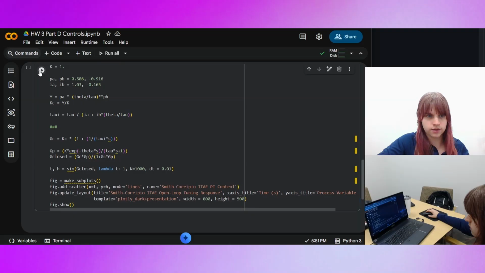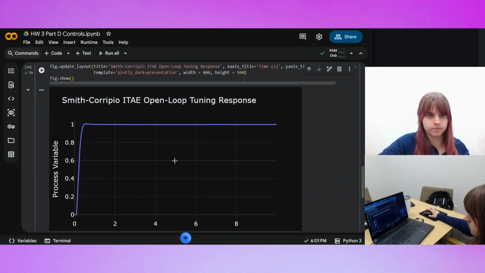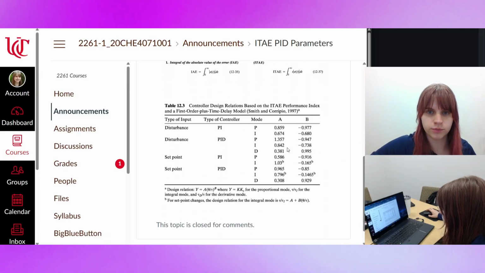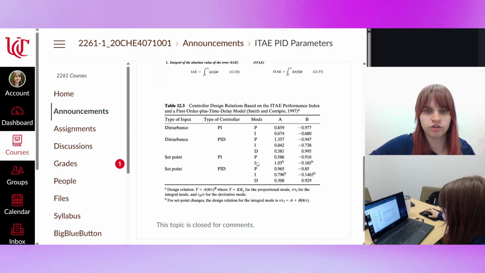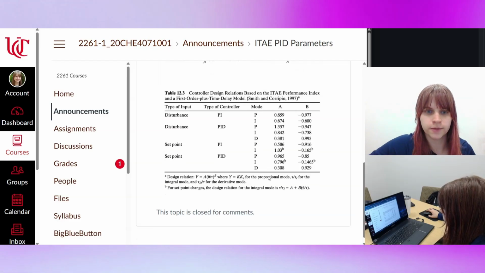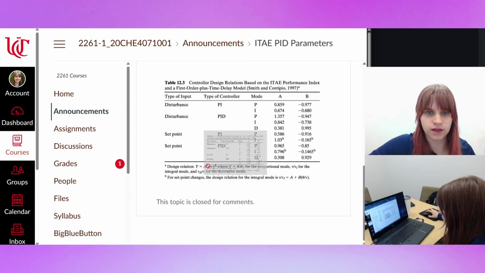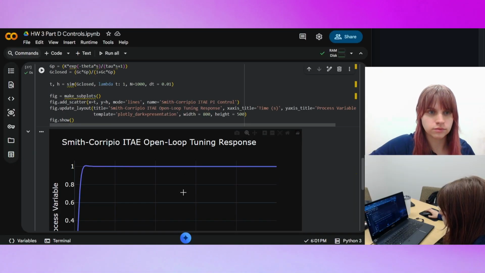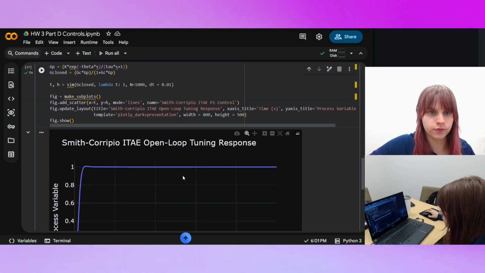I'm going to run this and see. So this looks pretty good. Essentially, we use these predetermined A and B values for our proportional and integral controller, and use this design relation right here and here to calculate our values.